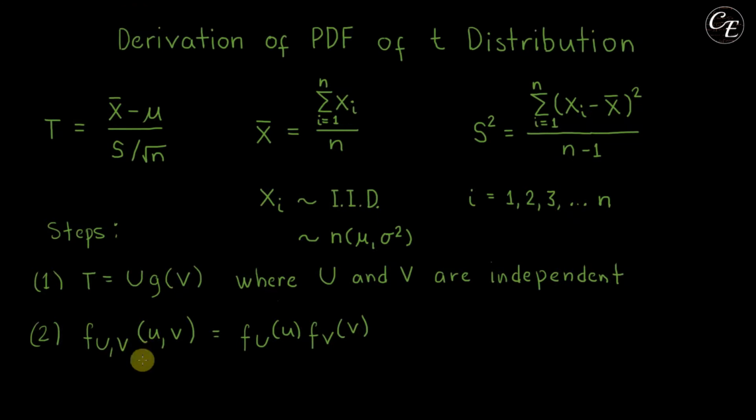And then from here, we can transform it into another joint or mixed PDF, but this time in terms of our t random variable. So we have t and then a dummy random variable w. We can do this transformation using this relationship and another one for this w, which is just equal to the random variable v.